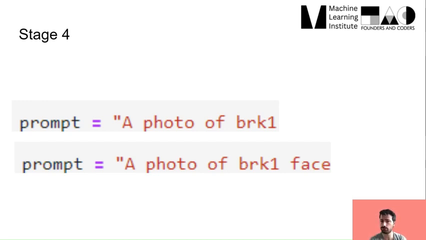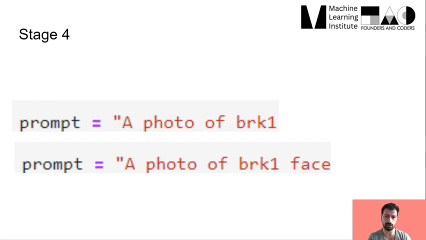I was pretty sure that the base model must have learned this, because as you know, in these diffusion models, you also give it context during training. You give it images, but you also give it context so that it learns to merge the context with the image. So let me try that. BRK1 was the label I was giving my images, and now instead of just a photo of BRK1, let me tell it a photo of BRK1 face and see what happens.